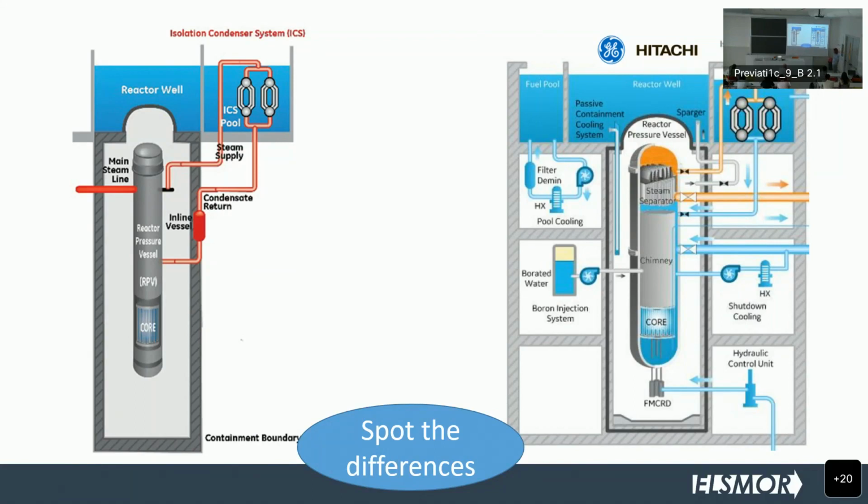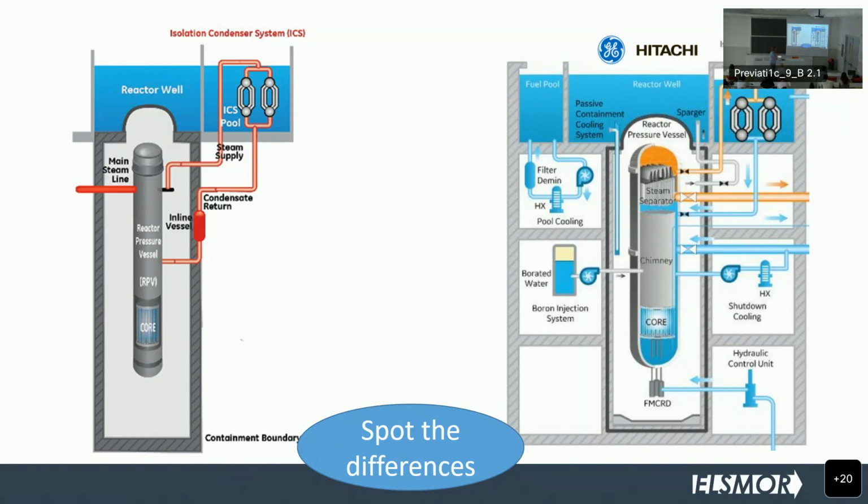But anyway, why did they have to include a boron injection system? Yes? In an accident when our control rods are not available, we are able to use this. Yes.